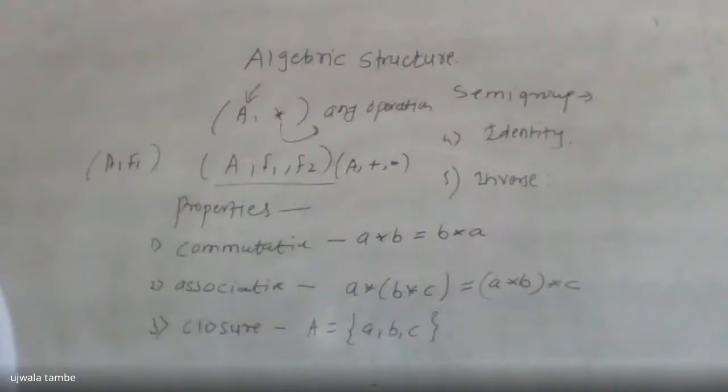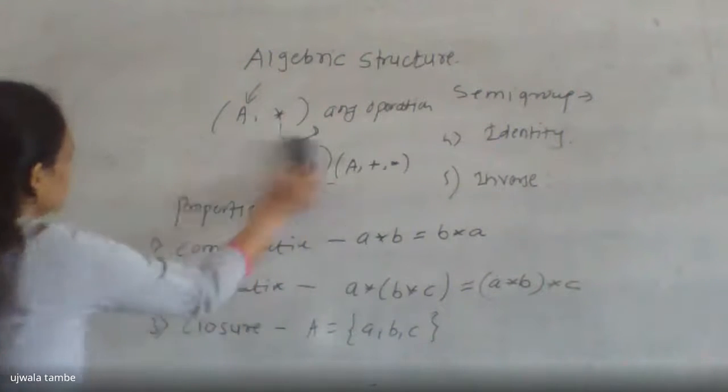Semigroup means if an algebraic structure satisfies the associative property, then it is called a semigroup. I think we had covered up to this semigroup.